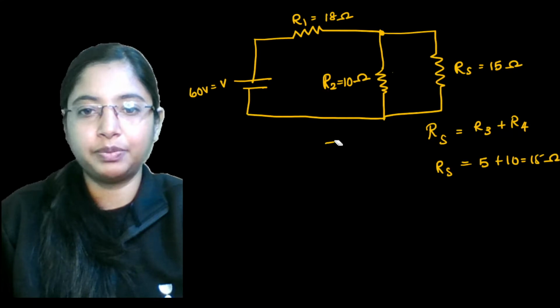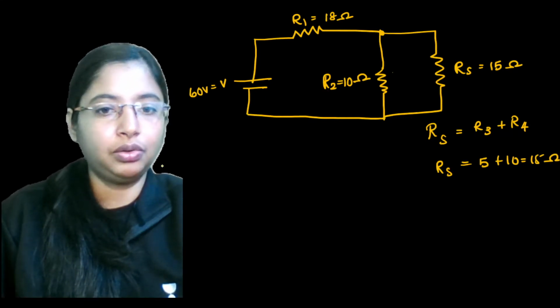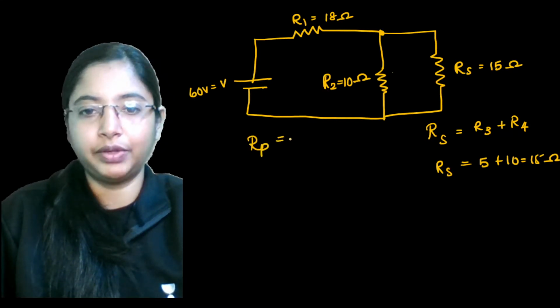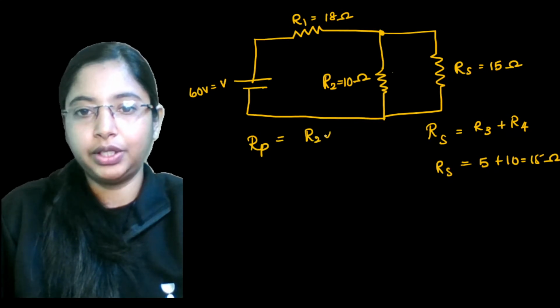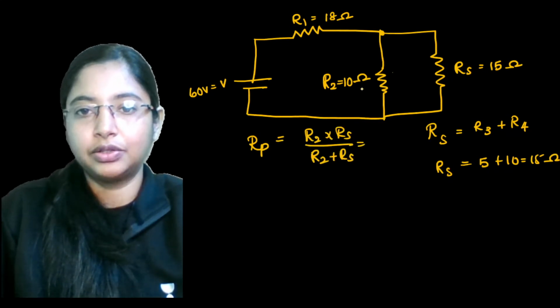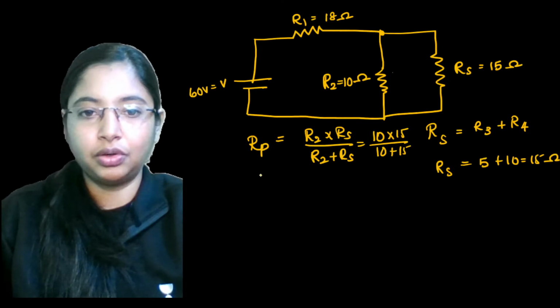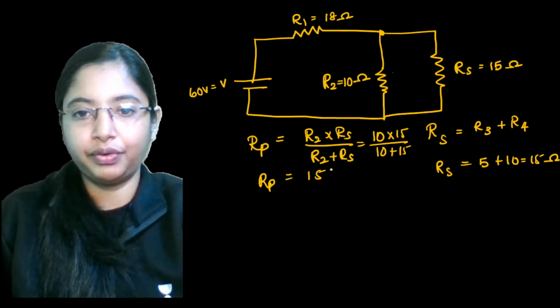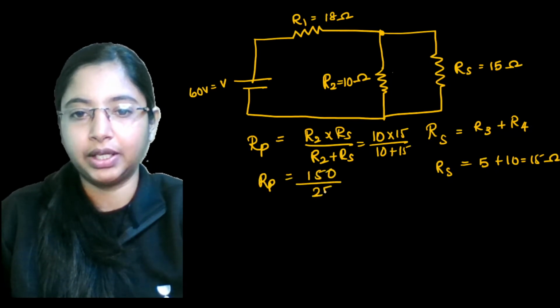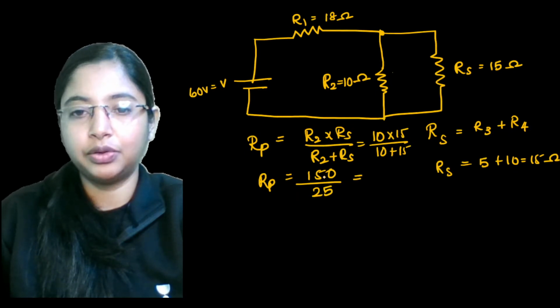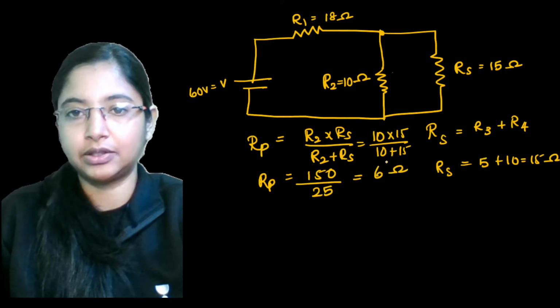So this particular resistor will be R2 into Rs divided by R2 plus Rs, right? So here it is 10 into 15 divided by 10 plus 15, right? So in this case, you get 150 divided by 25. So here 25 goes 6 times in 150, right? So you get 6 ohms.